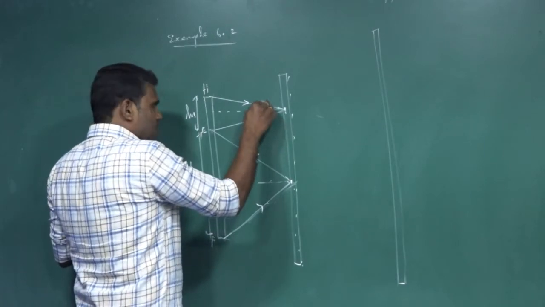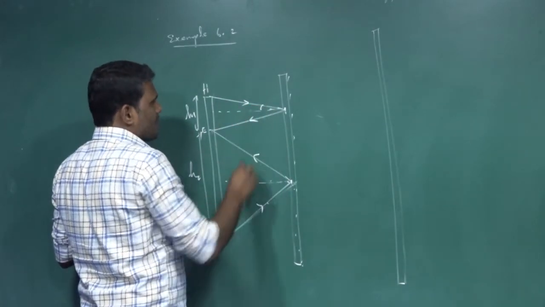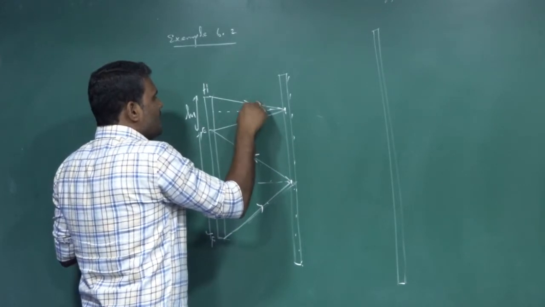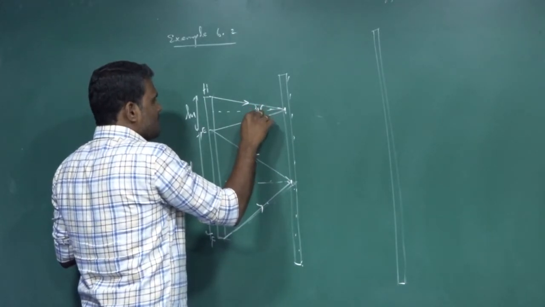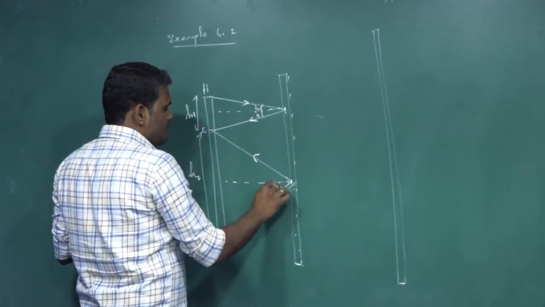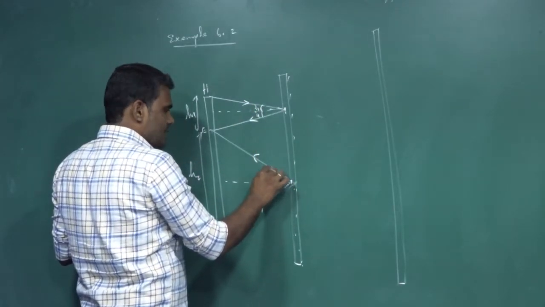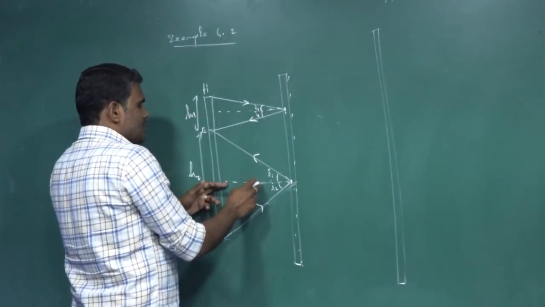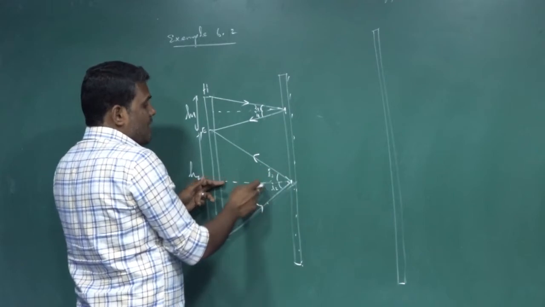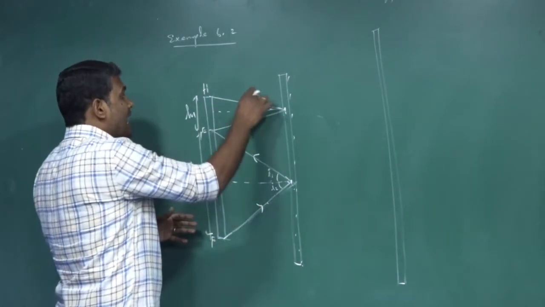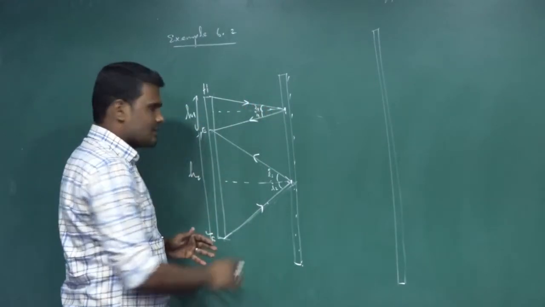As per the law of reflection, the angle of incidence and angle of reflection are the same. So I am marking this as I1 and I1. The angle of incidence I2, the angle of reflection is also I2. At the extreme reflections, the normals drawn to the points of incidence act as the bisectors of the angle between the incident and the reflected rays.